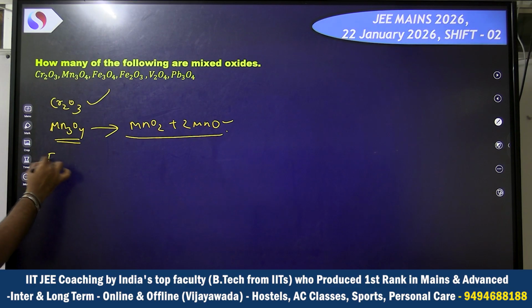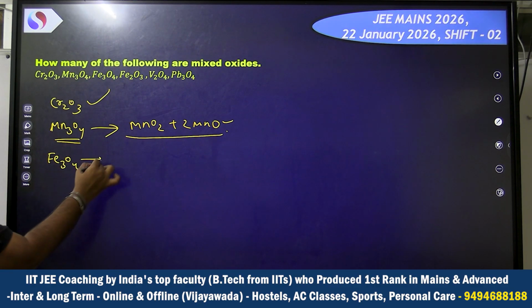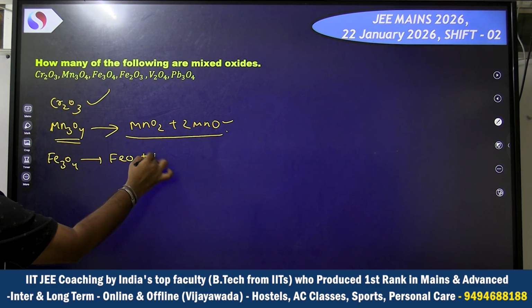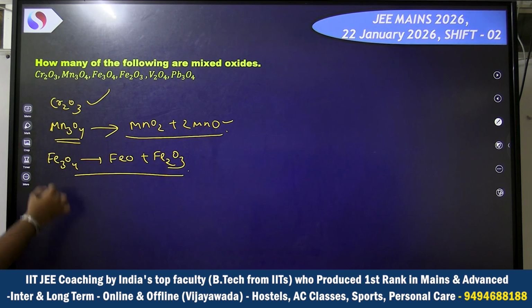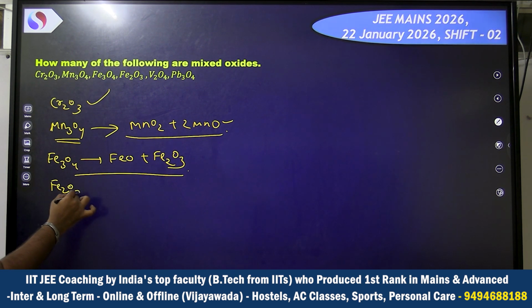Then if we take Fe3O4, it will be FeO plus Fe2O3. This is again a mixed oxide. Fe2O3 is not a mixed oxide. Then V2O4 is again not a mixed oxide. Mixed oxide means it should be a mixture of two types of oxide.